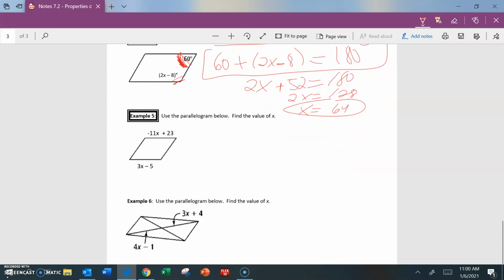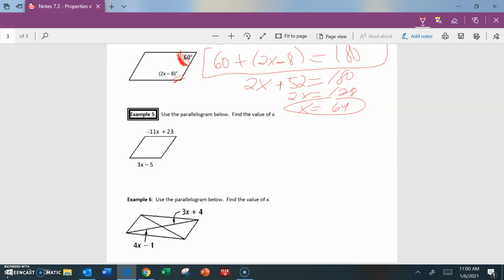Okay? For example 5, you're given a parallelogram. The two expressions are on opposite sides. So we know that opposite sides of a parallelogram, that's the property, are equal to each other. So here is our equation that we would set up. And once again, I would probably add 11x to both sides to give me 14x minus 5 equals 23.